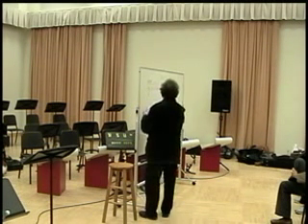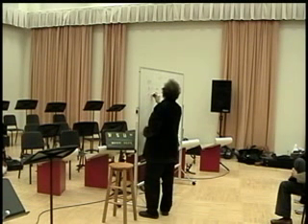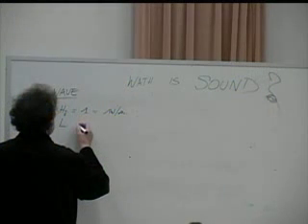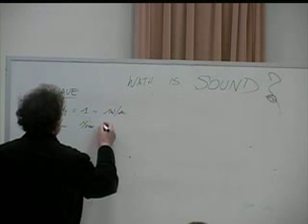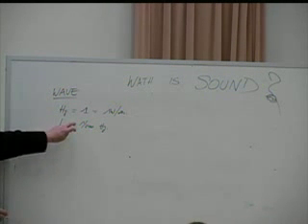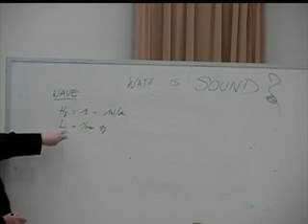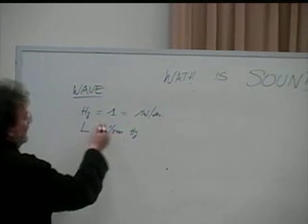But in the air, it's just 340 divided by the frequency. That gives the length of wave of a certain frequency. So if it's 340 hertz, 340 divided by 340 is 1.